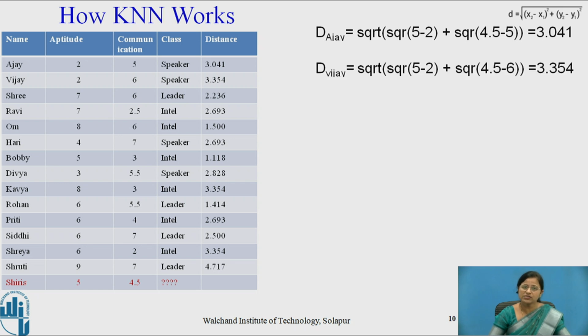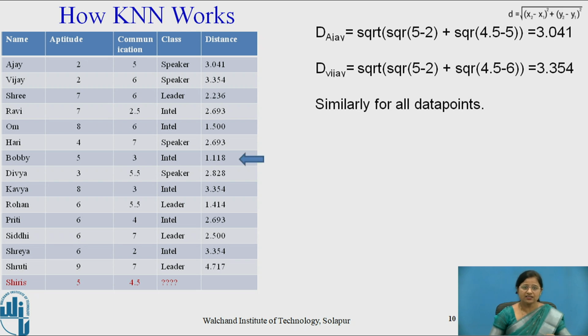Again using the same Euclidean distance formula, the distance between Shirish and Vijay is calculated as square root of (5 minus 2) squared plus (4.5 minus 6) squared, which equals 3.354. Similarly the distance for all the data points is calculated and the values are given over here.